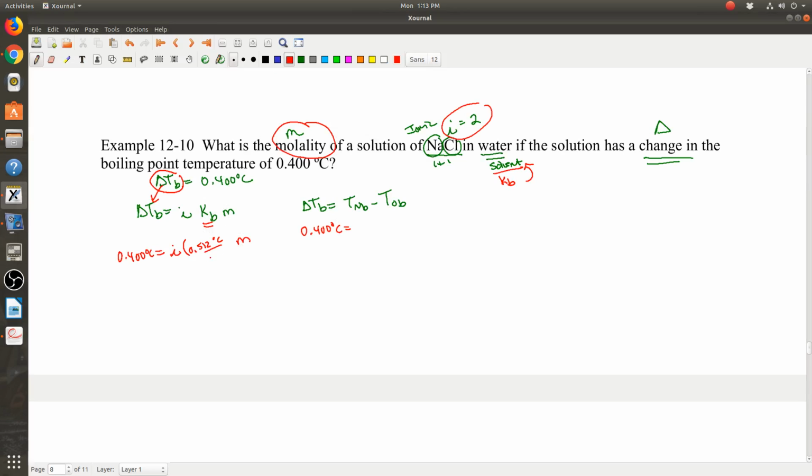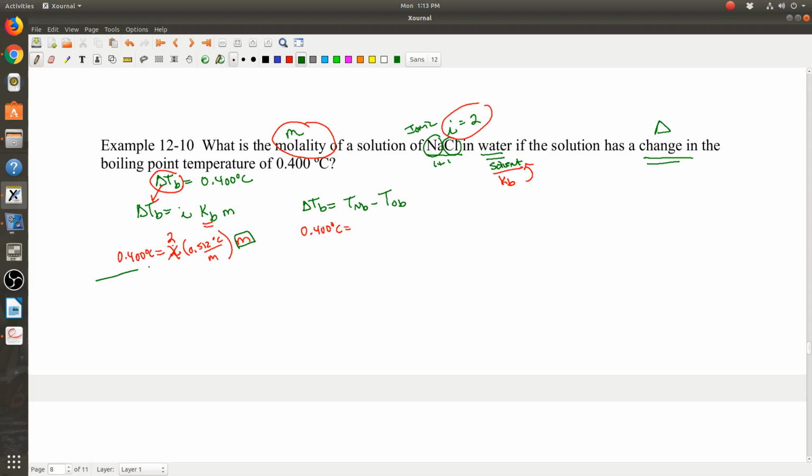0.512 degrees Celsius per molal. All right. Oh, and we know the i is 2, so I could have just gone ahead and written in the 2 right here. Now we're solving for m. That's the only unknown, the molality in this case. So I'm going to isolate my little m right here.